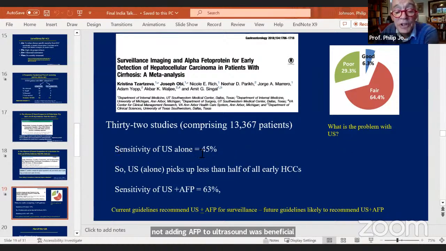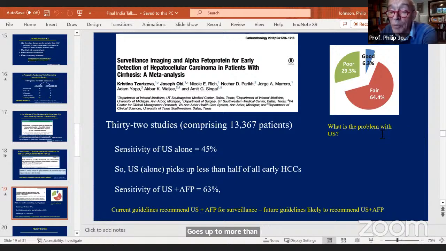So the sensitivity of ultrasound alone was 45%. That means that ultrasound picks up less than half of all HCCs. But the crucial observation is that the sensitivity of ultrasound when you add AFP goes up to more than 60%.